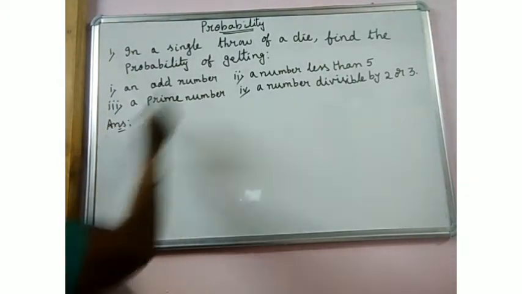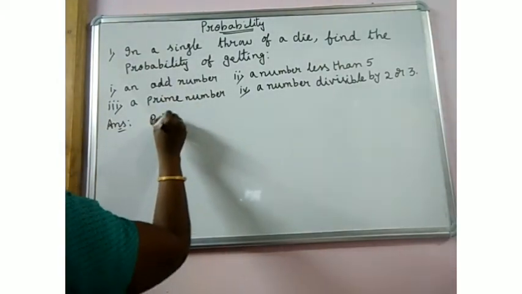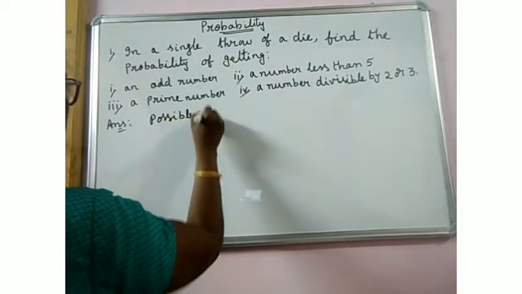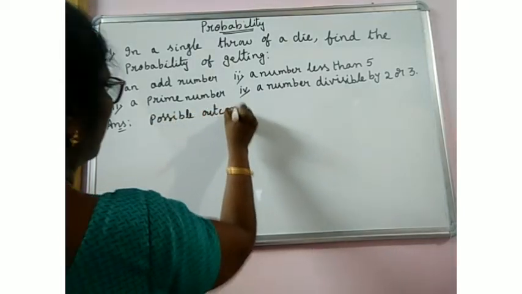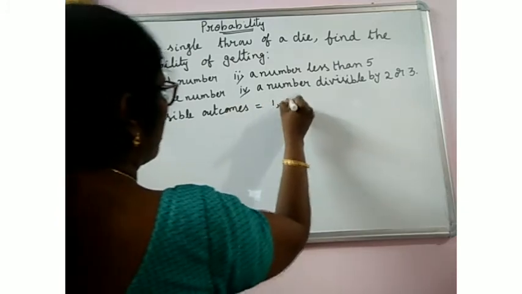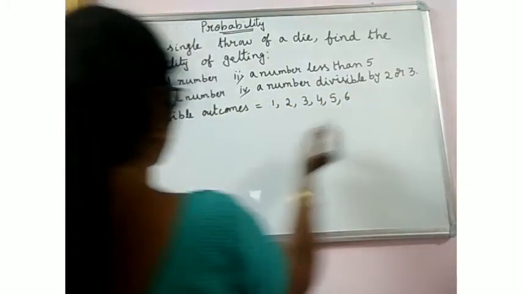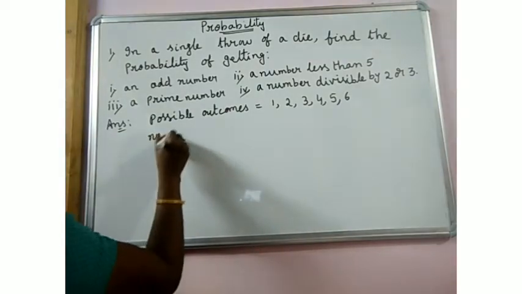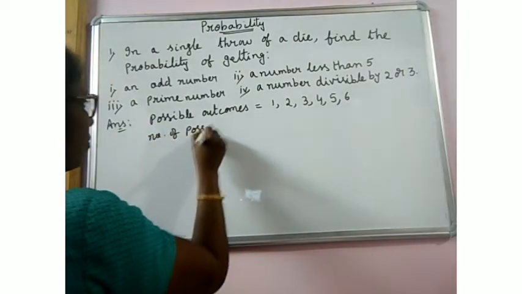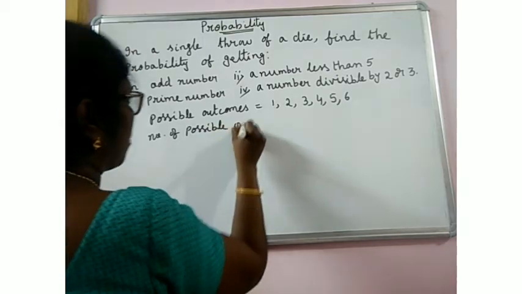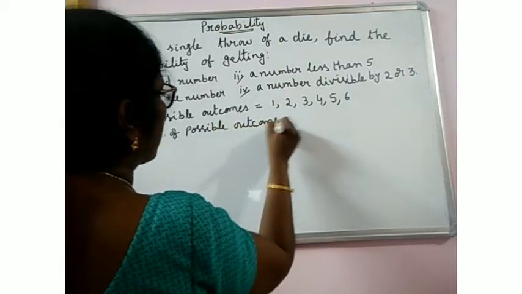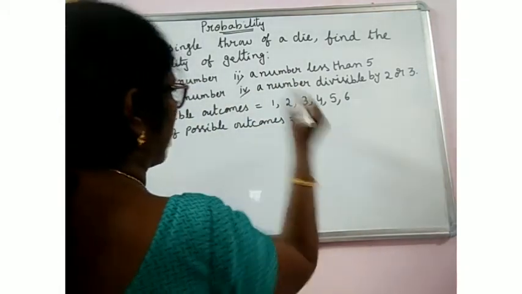For all these bits, the possible outcomes are 1, 2, 3, 4, 5, 6. So the number of possible outcomes for all these cases is 6.